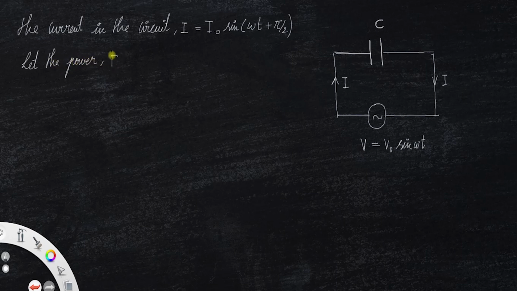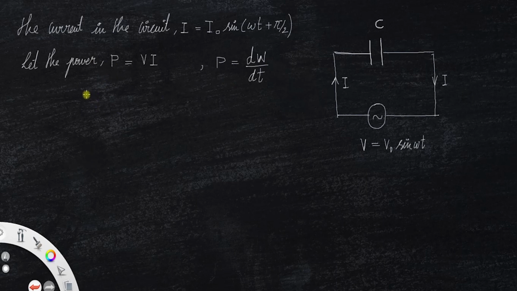Now, at any instant, let the power, let's represent power using P. Power at any instant will be the product of voltage and current. Also, we know power is equal to the rate of doing work, or dW by dt, where W stands for the work.